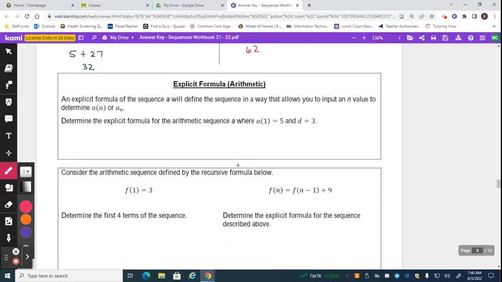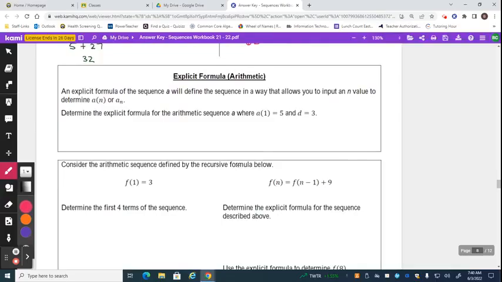And that leads us to the other way of expressing sequences, and that's using an explicit formula. It's going to be an equation. The equation is going to build from the linear equations or the exponential equations, and we started a little bit of review with that earlier.